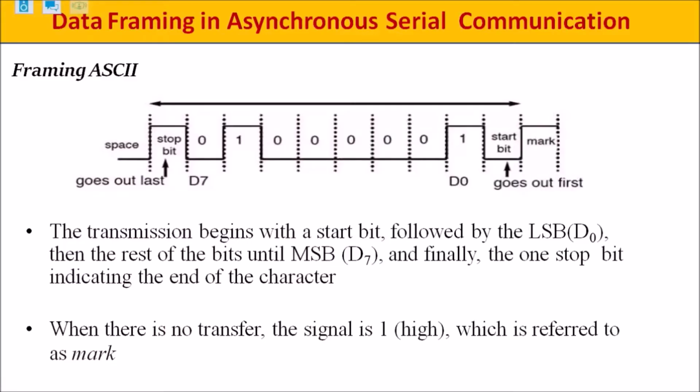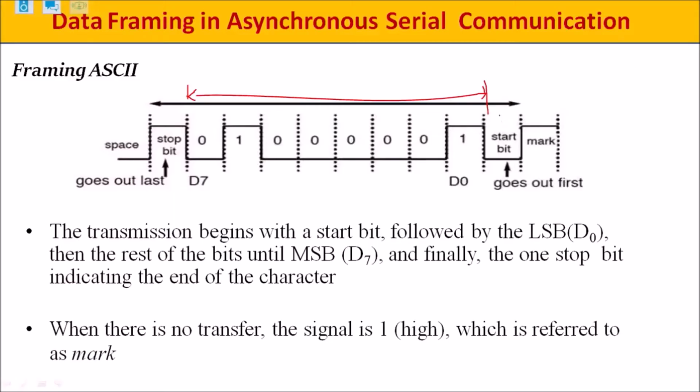So assume that this is the data, the ASCII value of any character, that we want to transmit. So this is the data D0 to D7. We want to transmit this data from transmitter to receiver. Whenever we give this data to the UART block of 8051, this UART block converts this 8-bit data into a data frame.